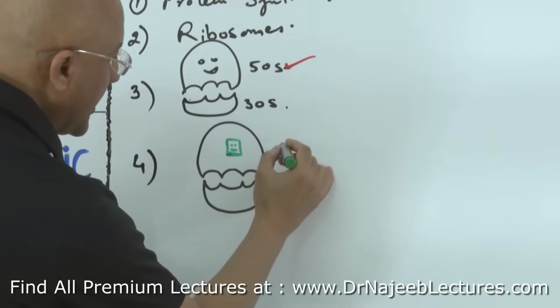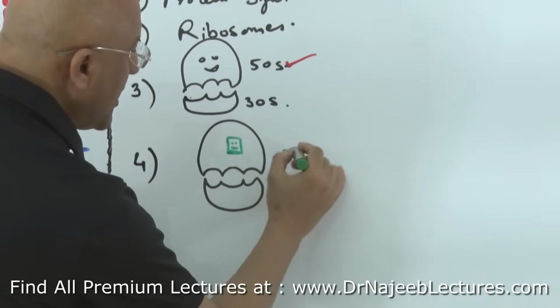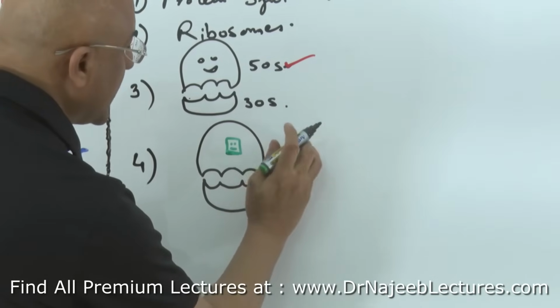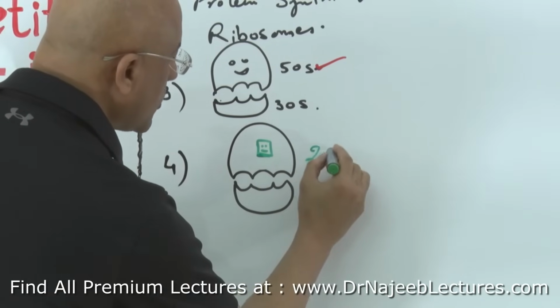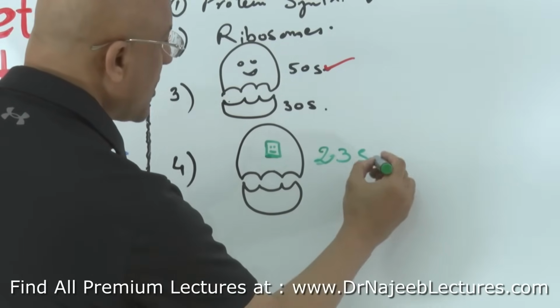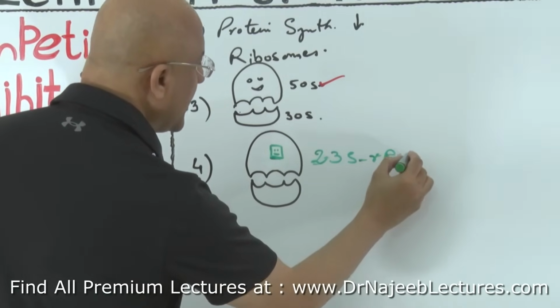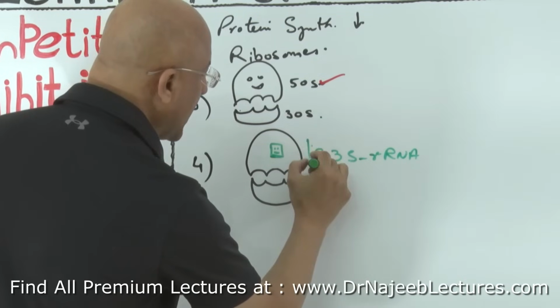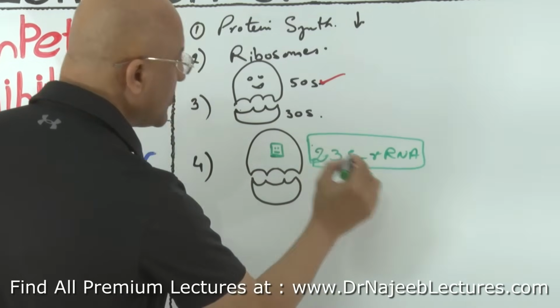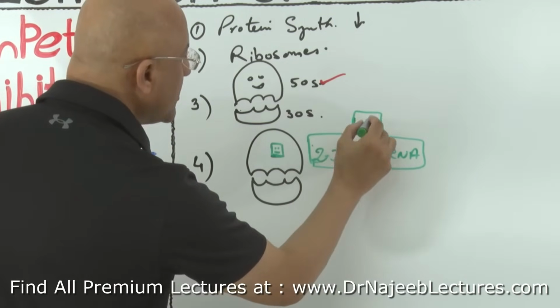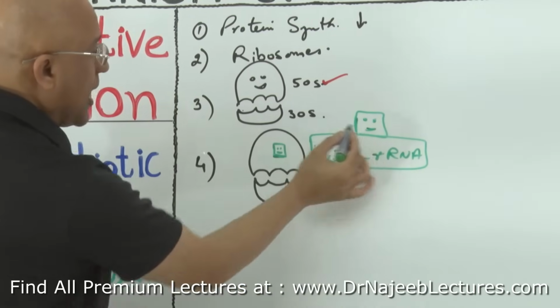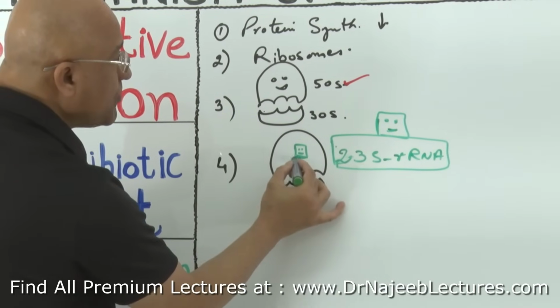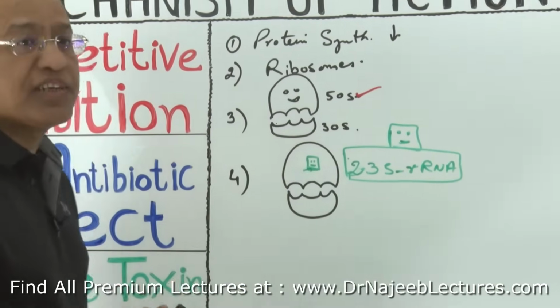This is an RNA, and this ribosomal RNA is the 23S unit. What is this? 23S ribosomal RNA. This 23S ribosomal RNA is a part of what? It is a part of the 50S subunit.